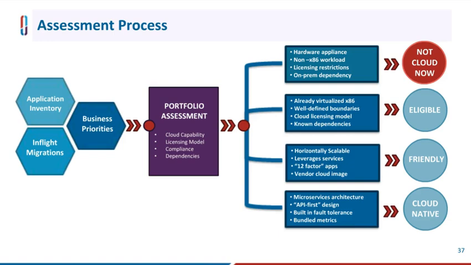I don't know how many times we've seen customers haphazardly take an application, move it into the cloud, and suddenly all of their users are screaming because the performance is so slow, because they never really took the time to understand the application's dependencies, how much data is flowing back and forth.